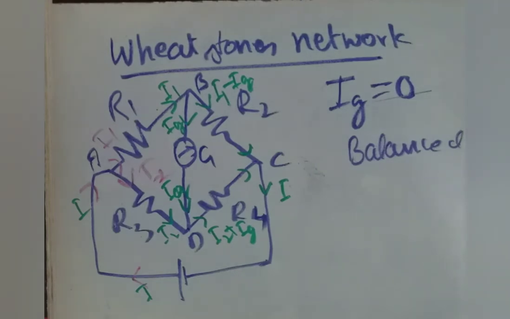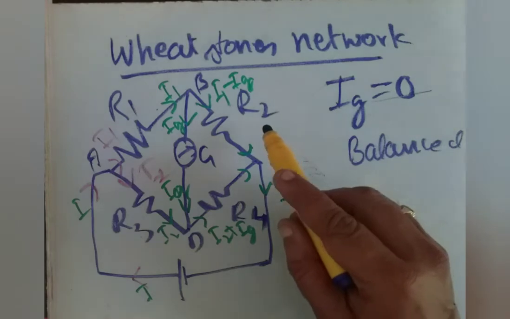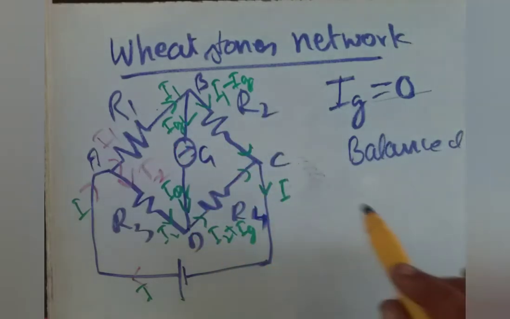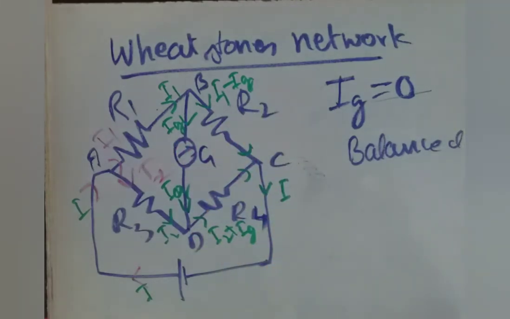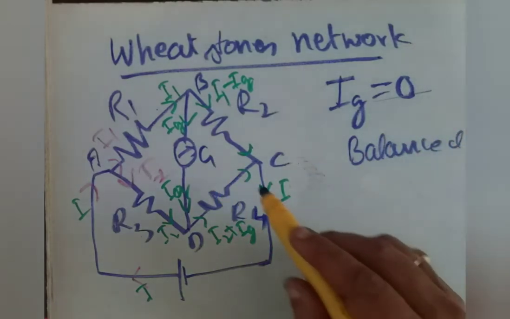Now, what is the condition for balancing? Or to say, what is the condition between R1, R2, R3 and R4 to get Ig 0? Because as we said, when we vary R1, R2, R3, R4 or any one of them, any two of them, whole current changes. So there's a possibility of changing them suitably to make galvanometer current 0 to balance the network.